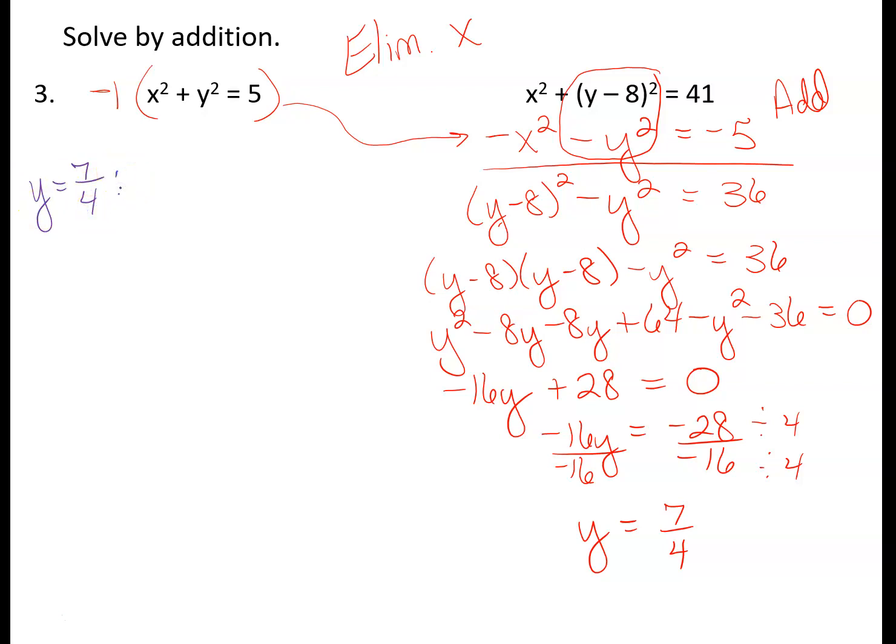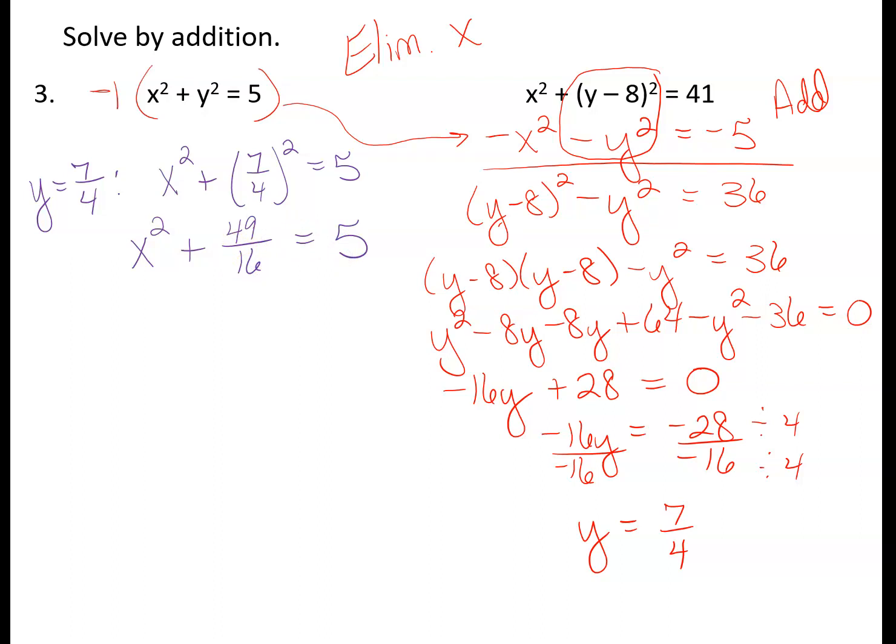So it's going to look like x squared plus 7/4 squared equals 5. So to solve that, we need to square the 7/4. So we're going to square the top, square the bottom. And you have a fraction in it.